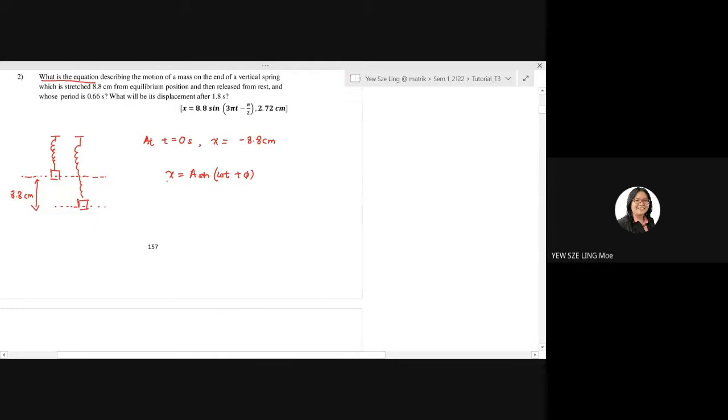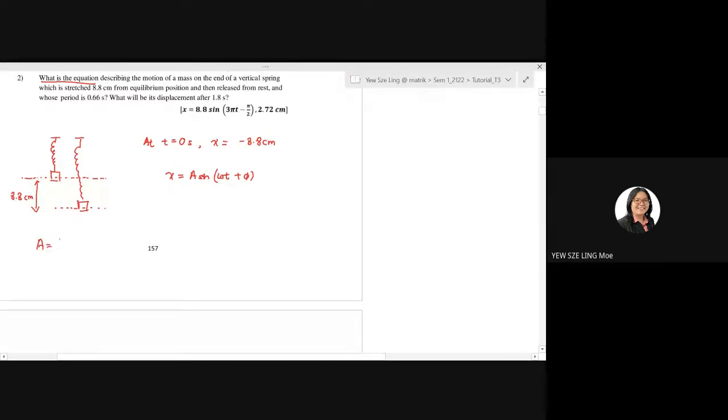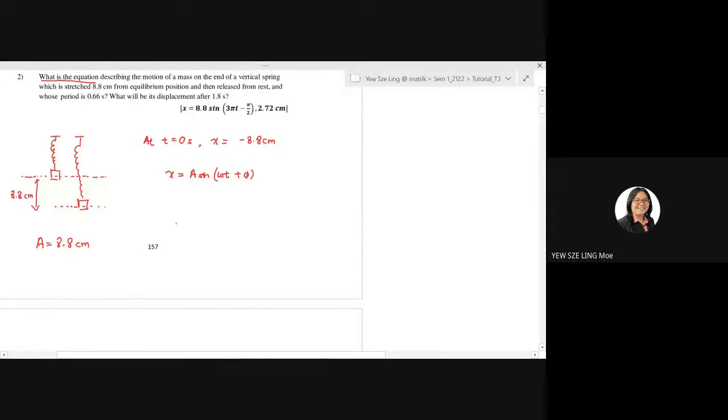But how about our A? Well, you stretch the object 8.8 cm and release it from there. The point where you release the object is our amplitude. So the amplitude given is also 8.8 cm.